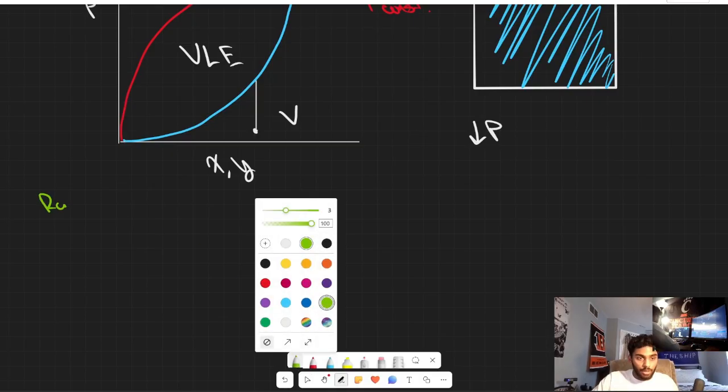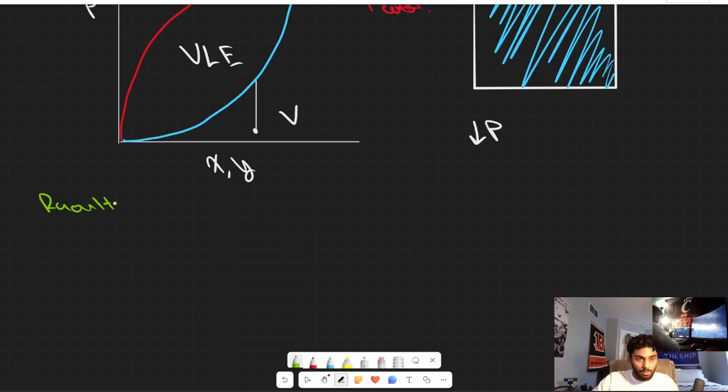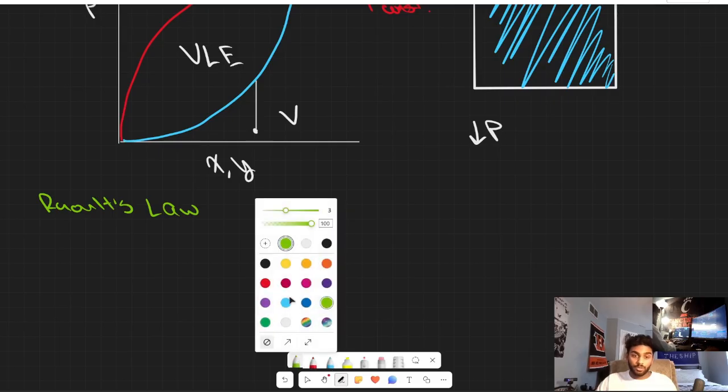Raoult's law. Now, Raoult's law deals with ideal conditions. And what we mean by that is that if we had some ideal binary mixture, Raoult's law would apply and give us the partial pressures, the saturation pressures, as well as the overall pressures based on the liquid and vapor mole fractions, not concentrations, mole fractions.